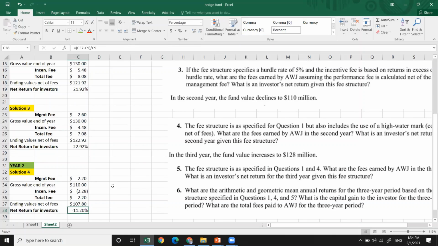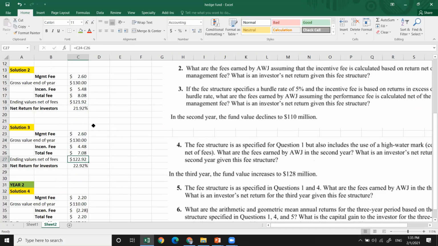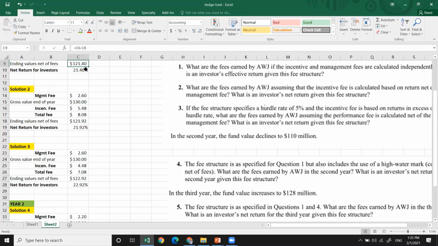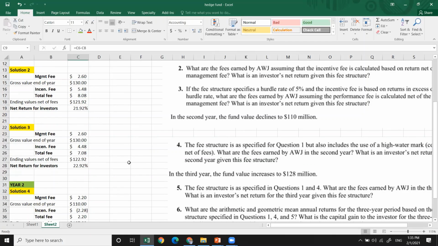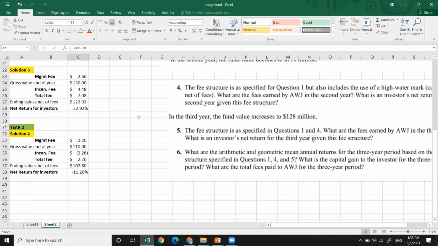Actually there is no return, there is a loss for the investor, because in the previous year the net value was 121.40, but this year they made a loss.